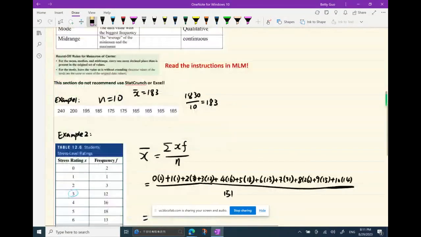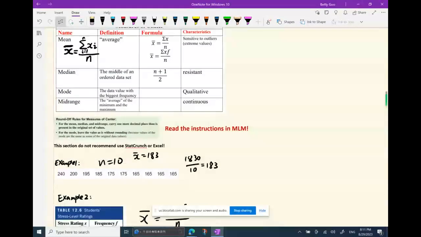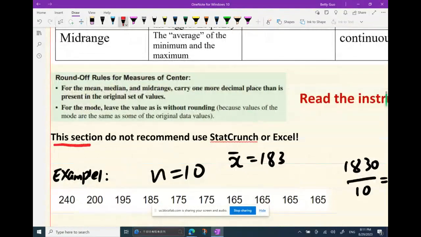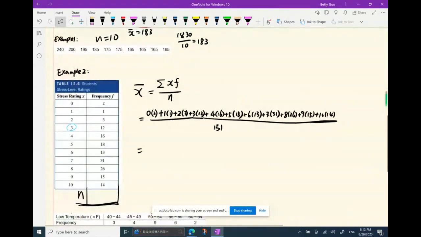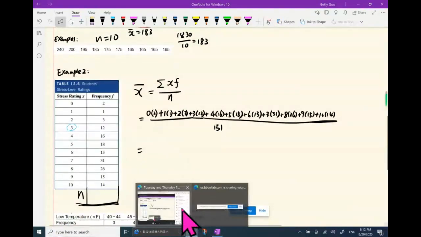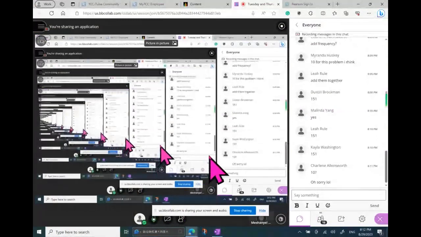As I pointed out in this section, we do not recommend using StatCrunch or Excel or any software. It's a way to practice how to use the calculator and understand the formulas. Let's see if anyone has the result.